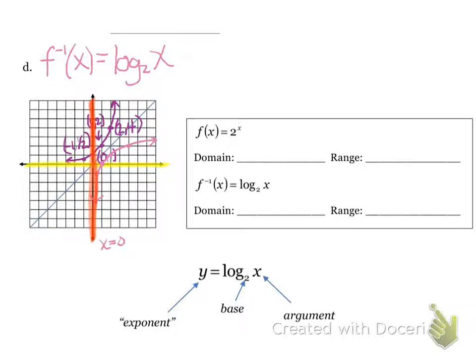Just like we know with domain and range, the domain of my original is all real numbers, negative infinity to infinity. And because we have an asymptote that we never cross, we have 0 to infinity for the range, which means 0 also gets the parenthesis. And then for our log function, those are interchanged. Now the domain has a restriction because we have a vertical asymptote, and our range is all real numbers.